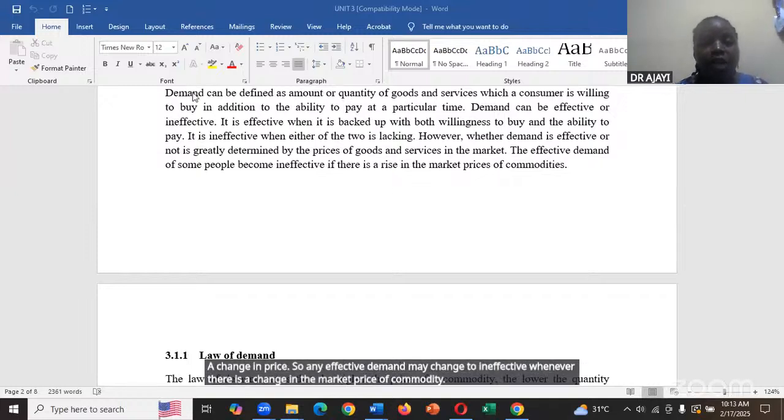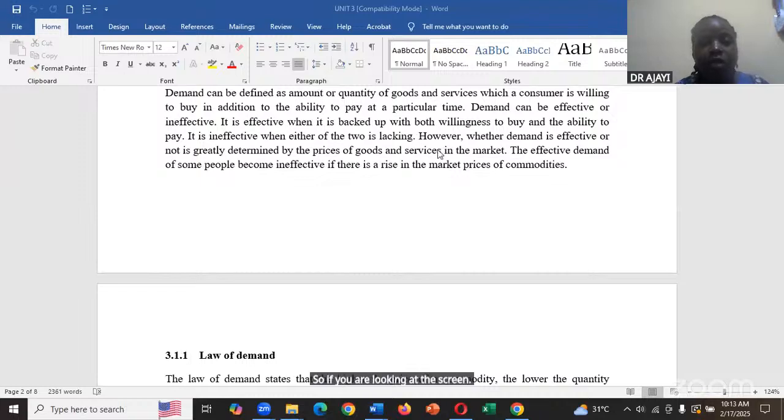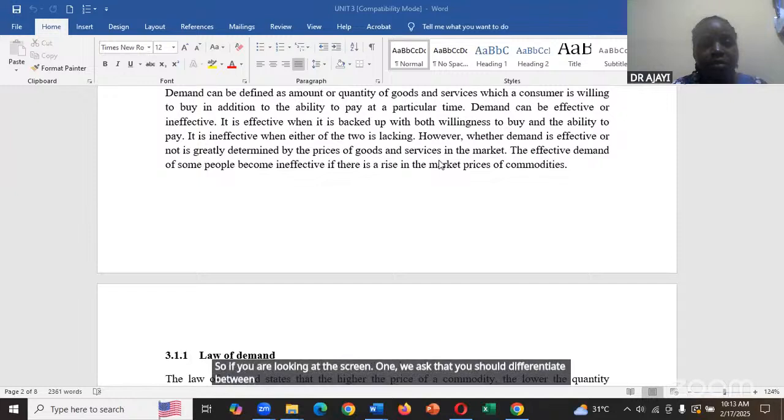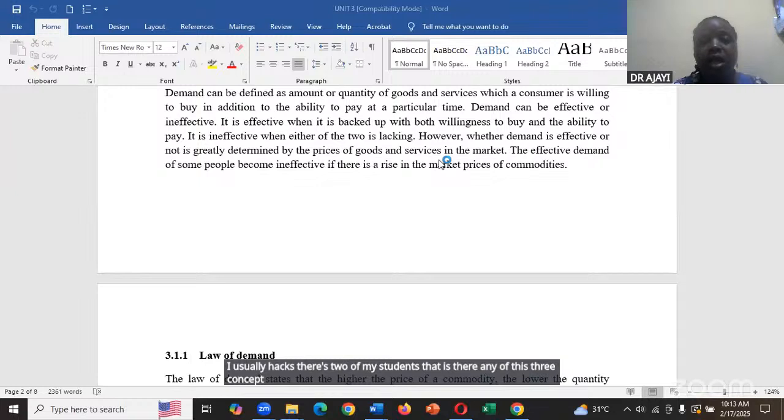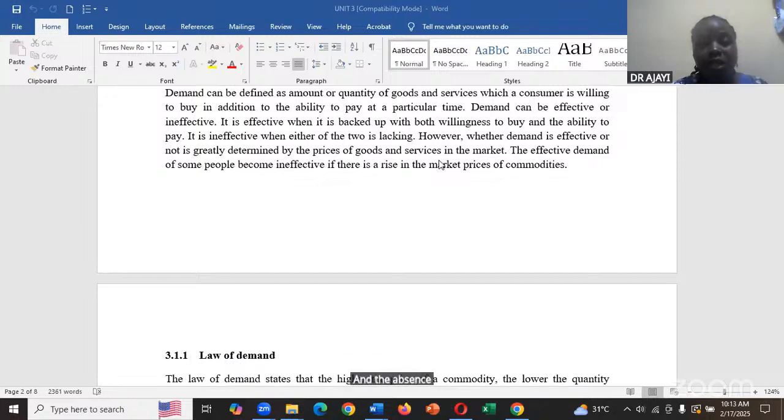If you are looking at the screen, when we ask that you should differentiate between effective and ineffective, I usually ask my students: is there any of these three concepts of willingness, ability, and readiness that should always be there? And the absence of any of these, then definitely demand will be ineffective.